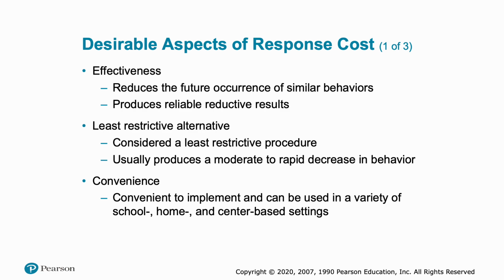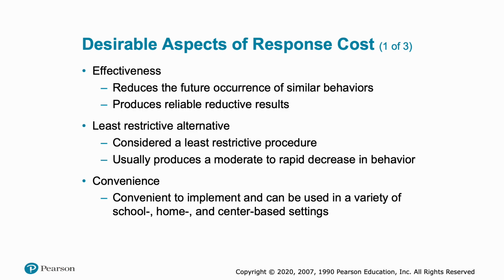And one of the main benefits really is that this is one of the least restrictive alternatives for reducing problem behavior. So if you had to decide between different punishment procedures, this is one of the first ones that you want to consider, if of course this is a good fit for the particular individual that you're working with, if it works for the setting that they're going to be in, and if it works for the problem behavior that you are trying to target.